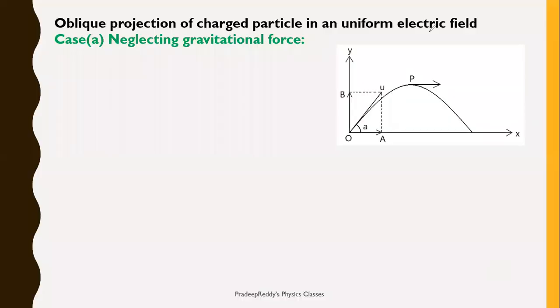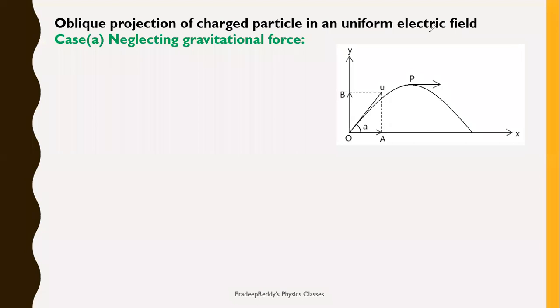Students, in the previous 2 slides, we have learned about the motion of a charged particle in a uniform electric field, parallel to the electric field and perpendicular to the electric field. If the charged particle is traveling parallel to the electric field, it will travel in the same direction as the electric field if the charge is positive.